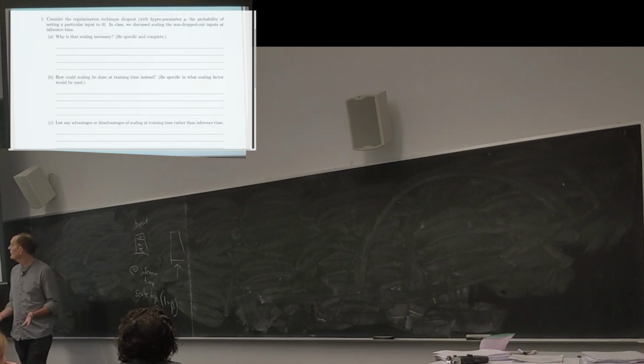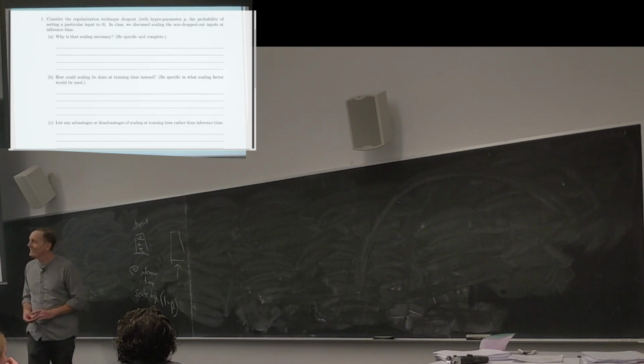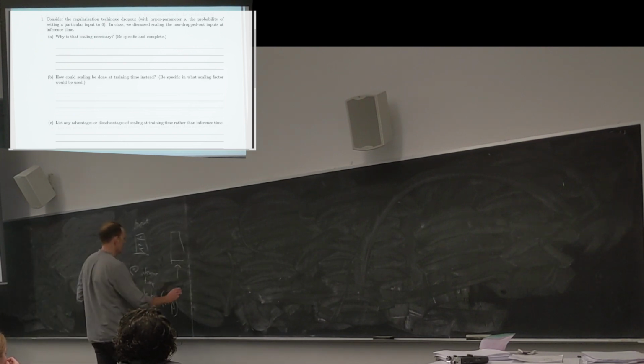Another question is, can we do it at training time instead? Nick? Yes. Okay, and what scaling factor would you use? So this is at inference time, and then this is an or, right? Not an and.